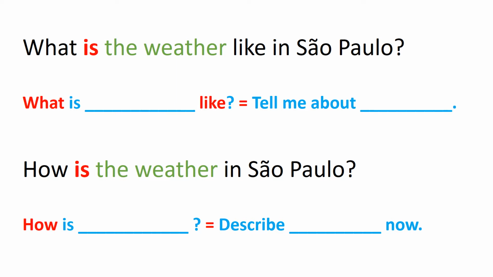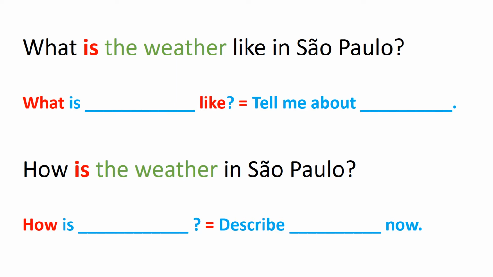And that's very similar but a little different from the second question, in which we don't use the preposition like and we don't use what, we just use how. How is the weather in São Paulo? This is a little different because now when we ask how is something or someone, we want a description of what the person or the thing is right now. So when I say how's the weather in São Paulo, I'm interested in the weather right now at this moment.